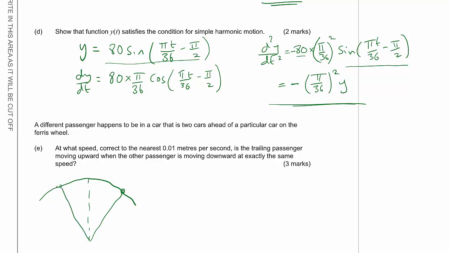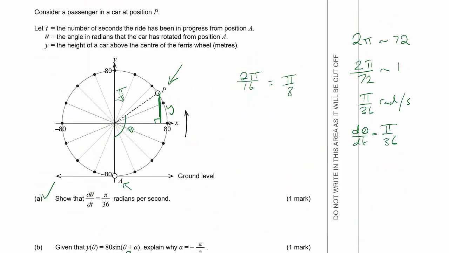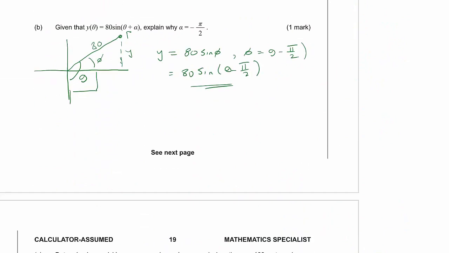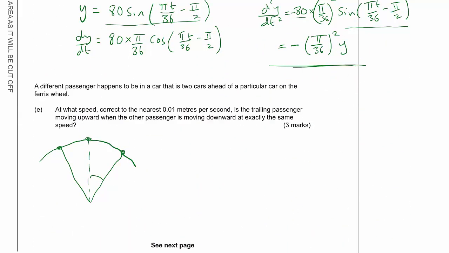Now the other one is 2 ahead, so that's there, so there's a car in between. And as we discussed earlier on, the angle between cars is pi by 8. So that's pi by 8. And that tells us that the theta is 7 pi by 8.